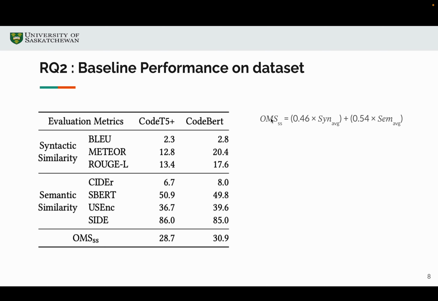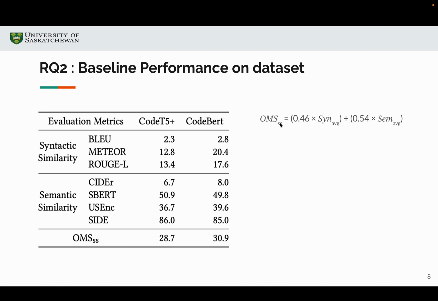Like an overall metric score, OMS, which combines syntactic similarity and semantic similarity. We gave syntactic similarity a slightly lower weight than the semantic one, because the quality of a comment should be semantically equivalent rather than syntactically, because two semantically equivalent comments may not be syntactically equal, but they can convey the same message.